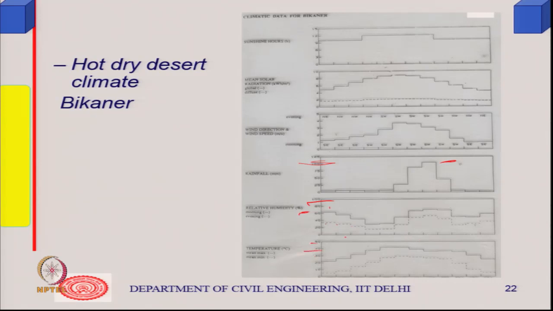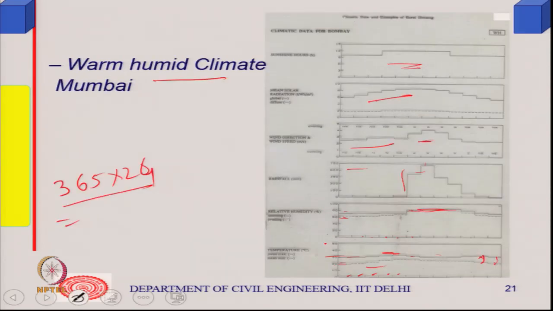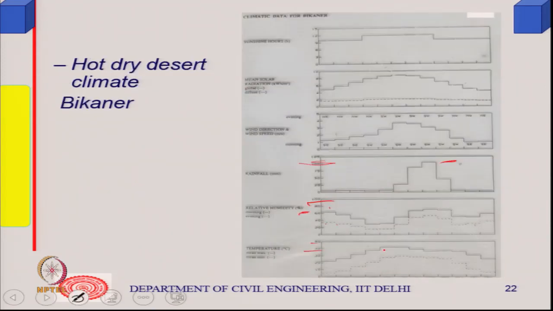Temperature is much higher here; this scale goes up to 50, whereas in Mumbai the scale was 40 and it never went beyond 40. This gap is also relatively larger: that was 5 to 7 degrees, here it will be about 10, 12 degrees or even more. Rainfall is less.